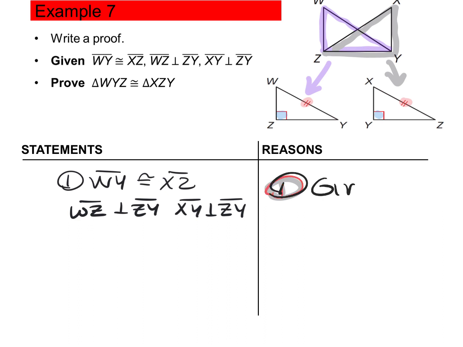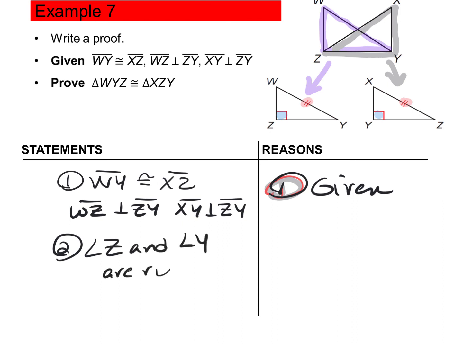So this is given. Now, since I've already labeled it in my picture, I'm going to state that angle Z and angle Y are right angles. The reason I can state that is the definition of perpendicular lines.